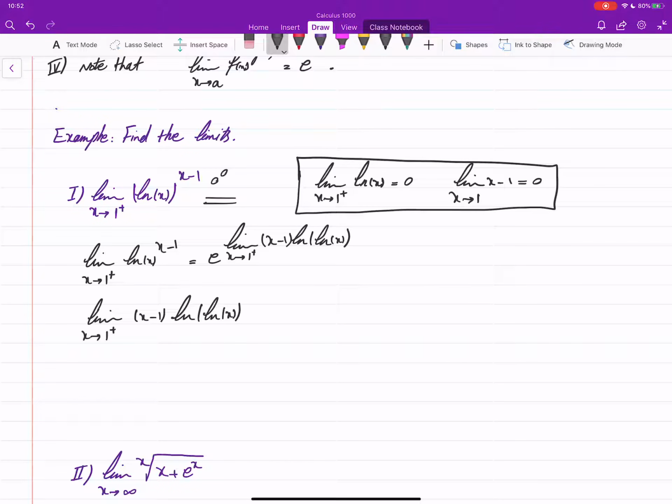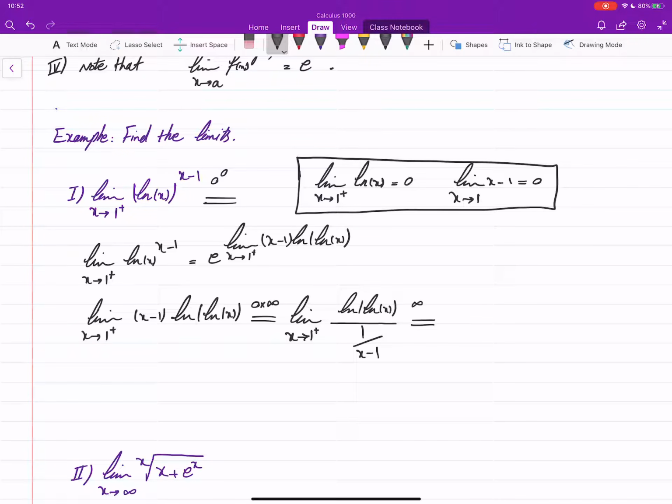And this is 0 times negative infinity. Well, what shall we do? Turn it to either 0 over 0 or infinity over infinity. In this case, I will do ln(ln x) over 1 over (x minus 1).